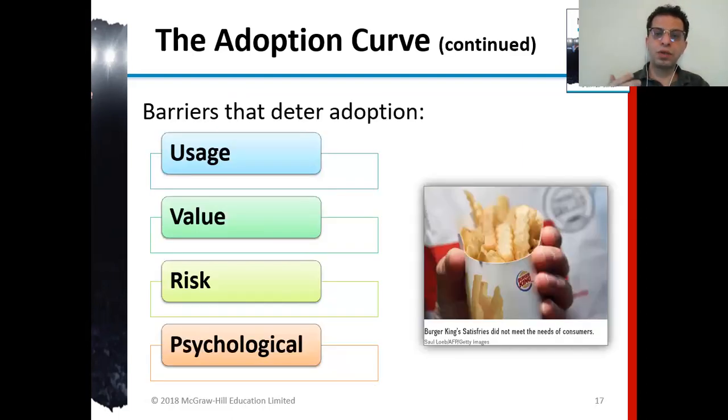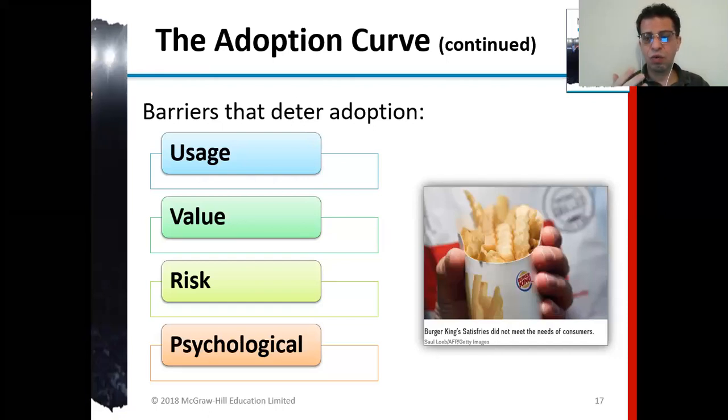Now, on the adoption curve, there are barriers that stop adoption. One is usage. Maybe they don't know how to use it. The second is that they might see there is not enough value in the product, because we pay dollars, we gain value. If they don't see value in the product, they are not going to pay for it. They might also see a risk.